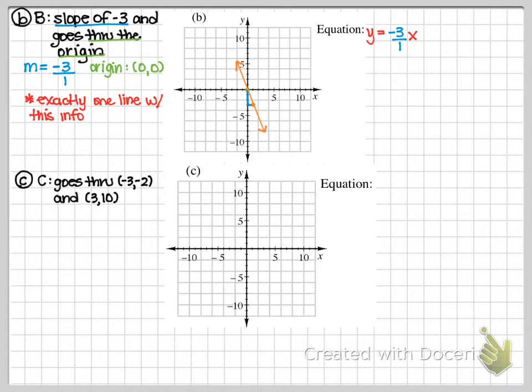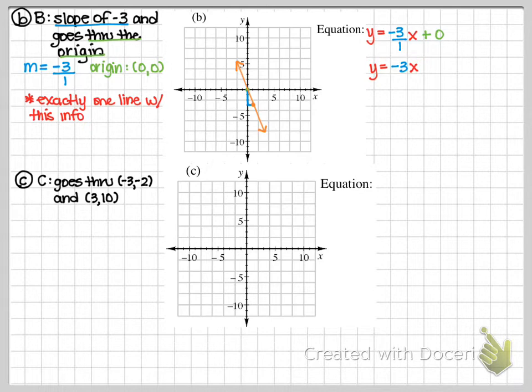And it hits the y-axis at 0. So I can rewrite this though, just so you know. We don't have to have the 1 underneath the slope. That's not necessary. And adding 0, that's not necessary either. I'm a big fan of writing it though because I think it's important to see.